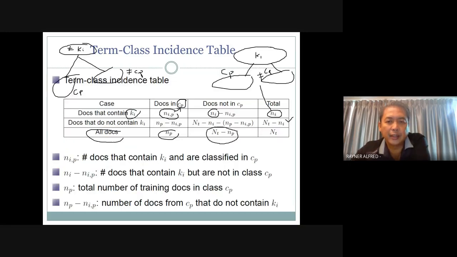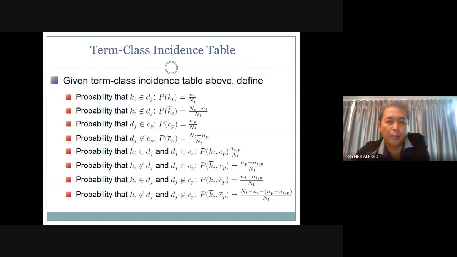So based on this term class incident table, we can always look at the probability of having that keyword in that document, which is the number of documents that consist of the keyword divided by the number of all documents.